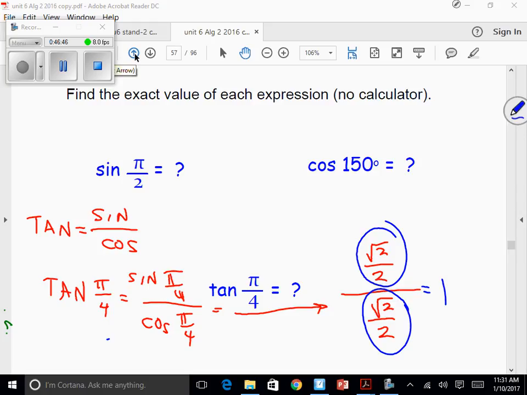Where's pi? Pi is going to be right under the button clear. If you look right under clear, you're going to see a blue pi. You have to hit blue button and pi, divided by 2.